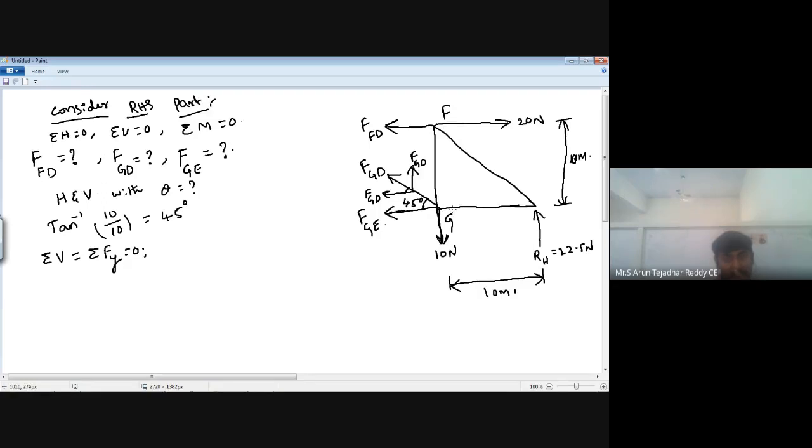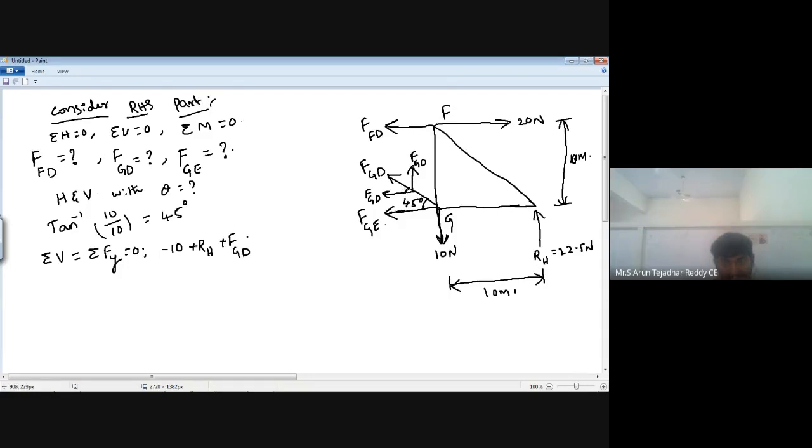Downward direction take negative, upward direction take positive. 10 Newton is downward, minus 10, RH upward, FGD also upward, and here this is the resolved force, so apply angles.